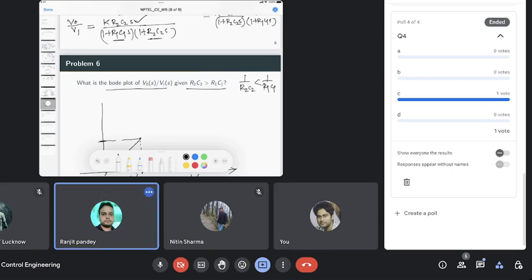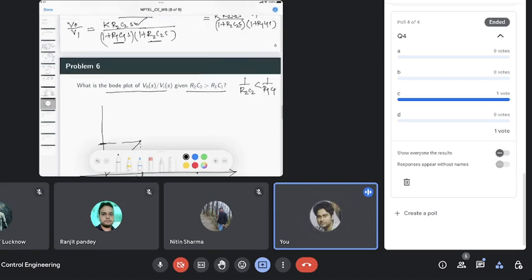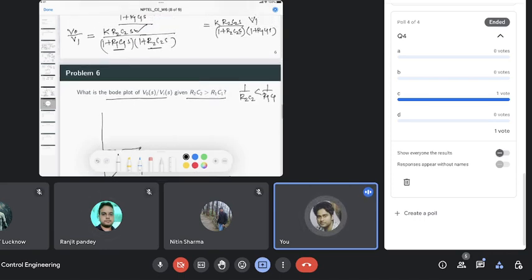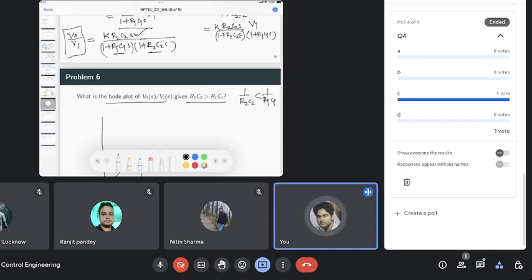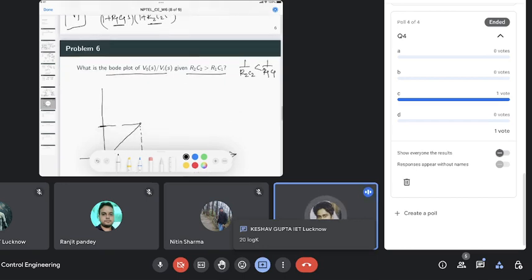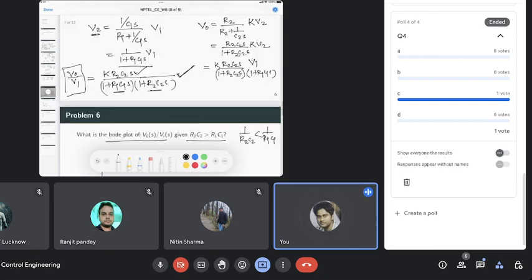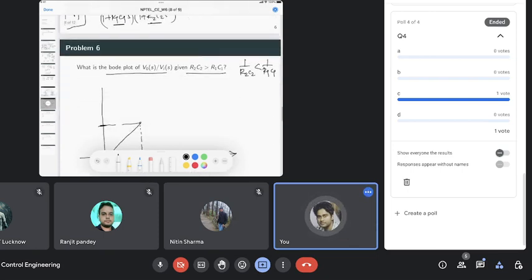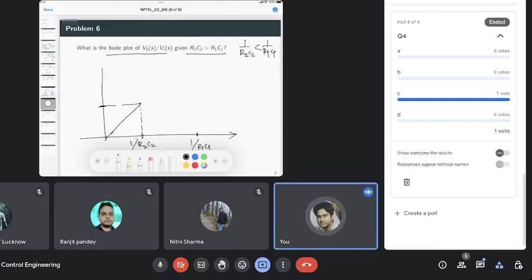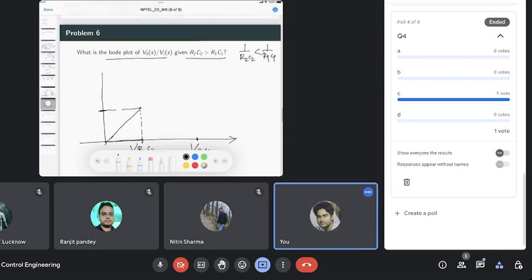From this transfer function, you just ignore this because this is immaterial to us now. We are just considering this transfer function. Okay, somebody has answered 20 log k. So it's just this asymptote, increasing at 20 dB per decade, and around this point it will have gone to 20 log k.